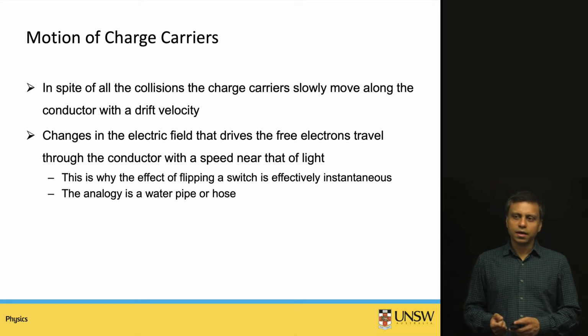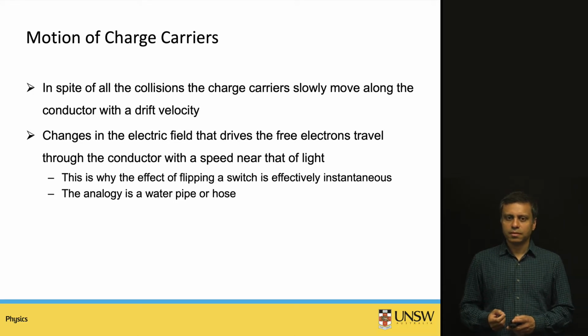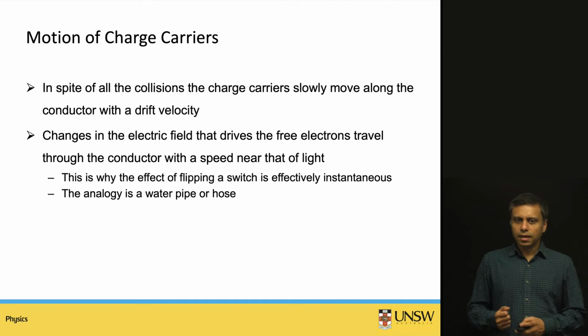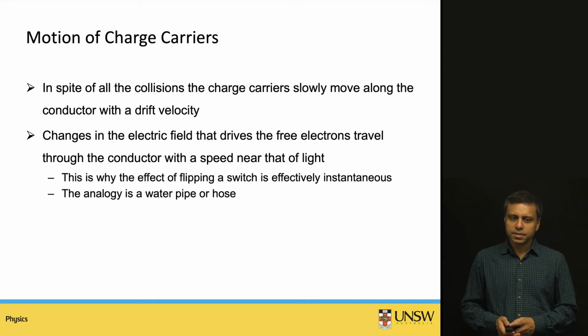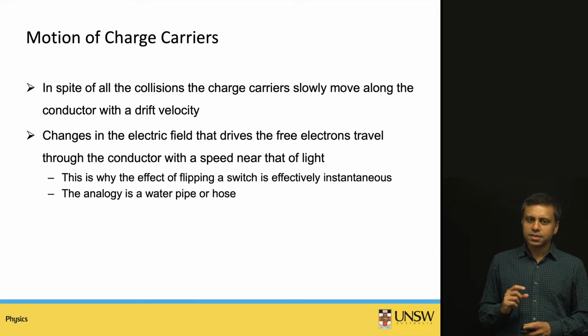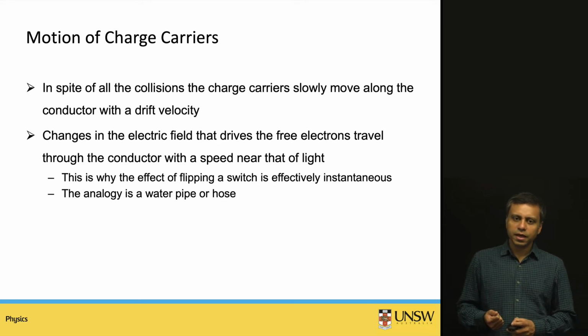For example, if you turn on a light switch, instantly when you press the switch, the light is turned on. So it happens in an instant. So why does this happen? Actually, what happens is that electrons are not flowing from the switch to the light, because the drift speed is very small actually. But what happens is that it's the electric field that reaches from the switch to the light.